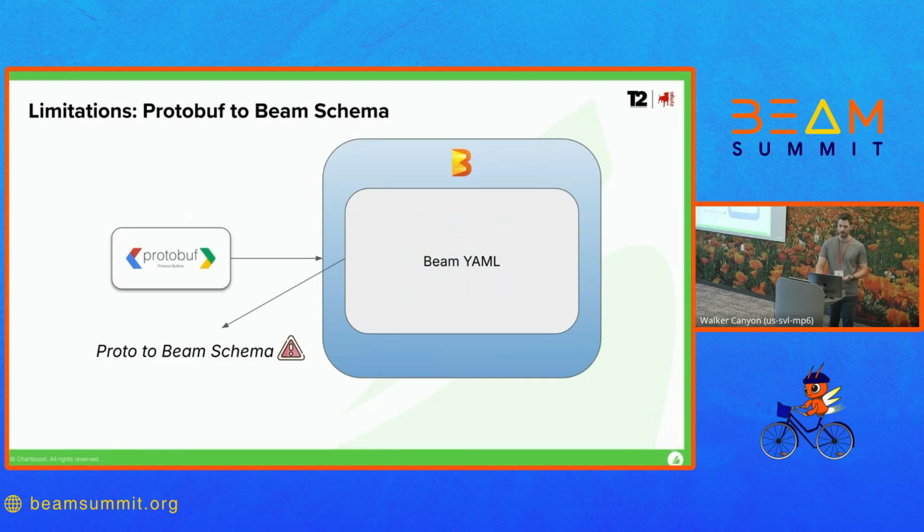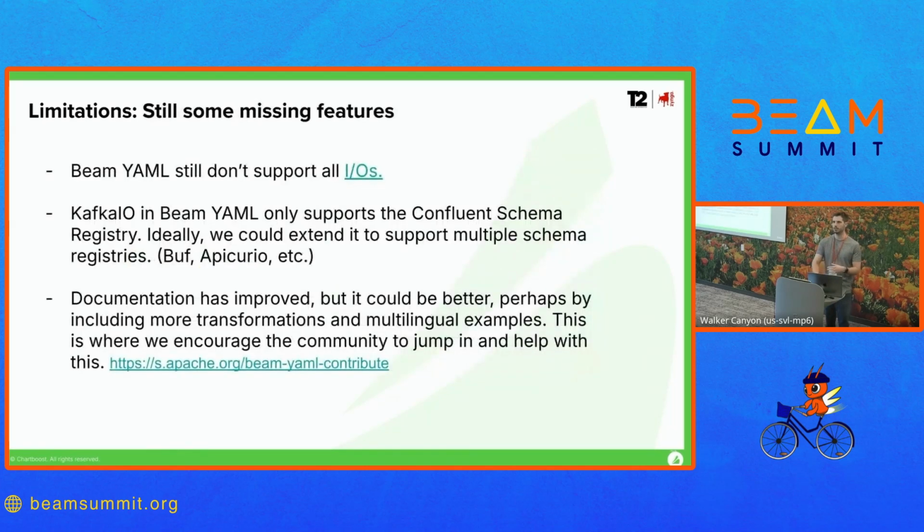And besides that, other kinds of limitations, a bit more into Beam YAML limitations. Well, it still does not support all the IOs, but it's an ongoing process. So eventually we will get there. The Kafka IO, and well, that's the one I've been talking a lot about because that's the one I worked on, and also the Pub/Sub Lite one. But basically, the Kafka IO has the Confluent schema registry.